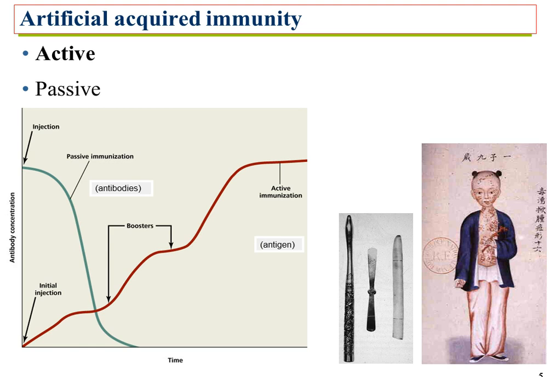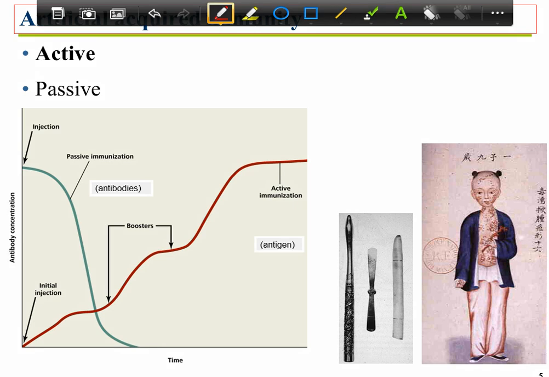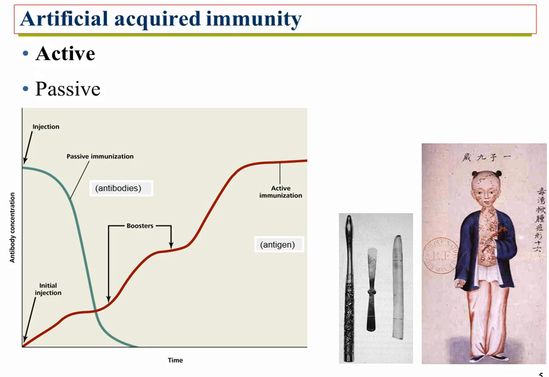Now, what you're looking at here is the difference between active and passive immunity. Active means that your own immune system has come in contact with the antigen. Look at the red line. So here's your first exposure. Again, let's say this is a vaccination. Here is a second exposure.